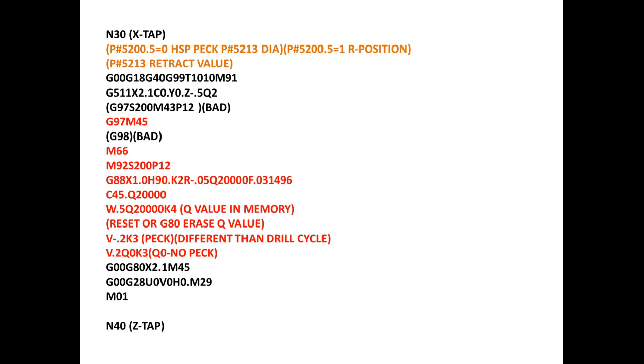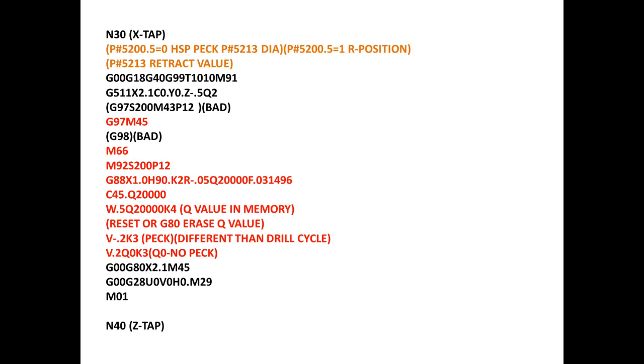In a tapping cycle, that's not the case. So we're still going to use G99, even though we are not using a spindle encoder. So those two are the important things you want to remember when a tapping cycle program is involved.